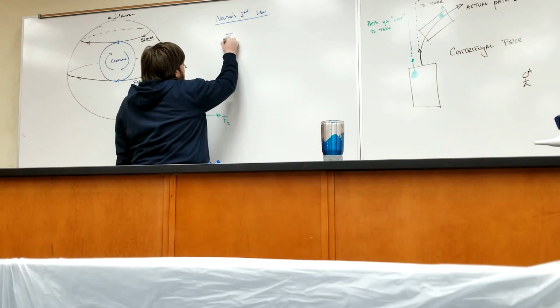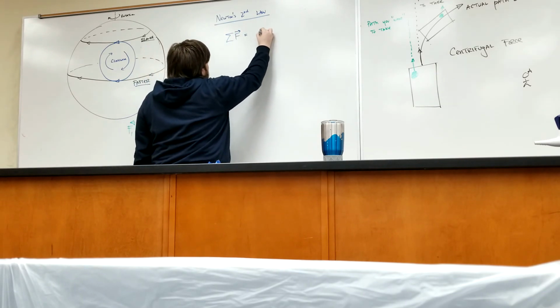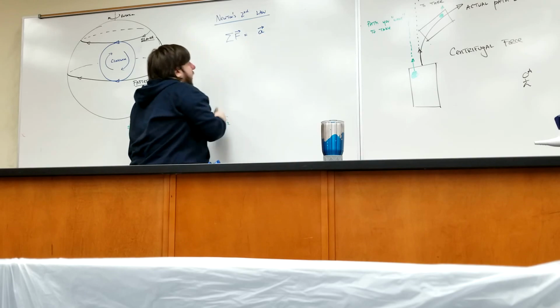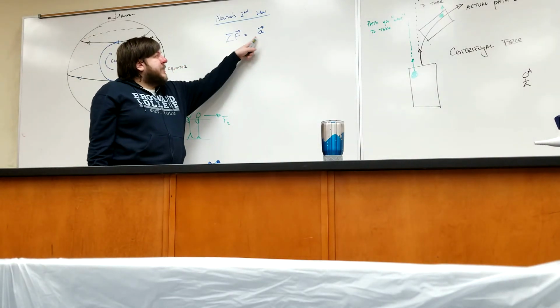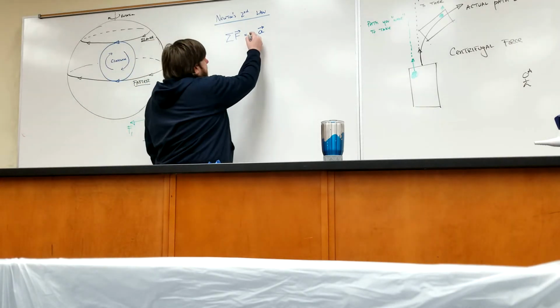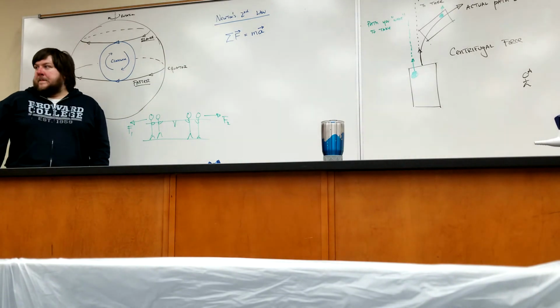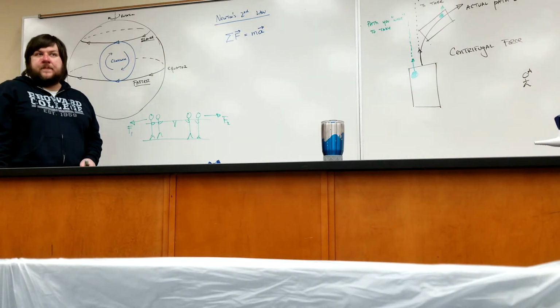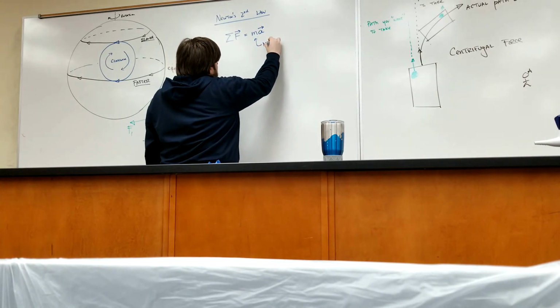So the net force on any object is related to the acceleration of the object, but there is a quantity that relates the two. That quantity we call mass. Okay? The quantity is the relationship.